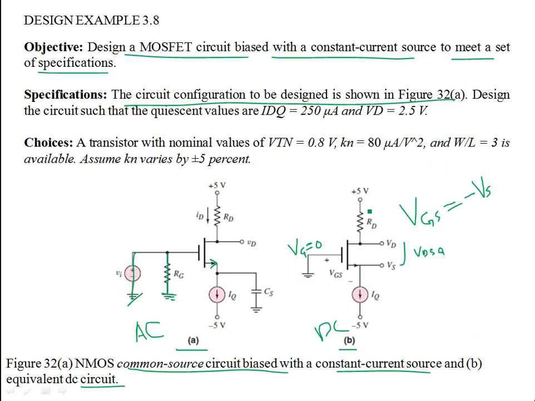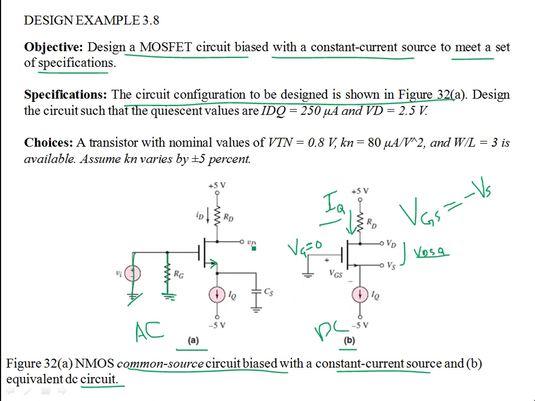The current through the drain resistor is the same current, from drain to source, in the conventional direction of the current. So IQ is the same current that flows in the resistor, ID as well. That's the quiescent current, the quiescent component of the current, and then this is your VDSQ.